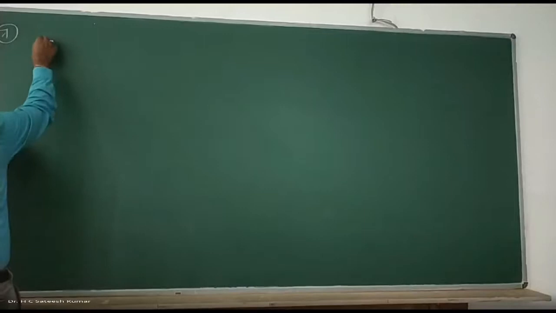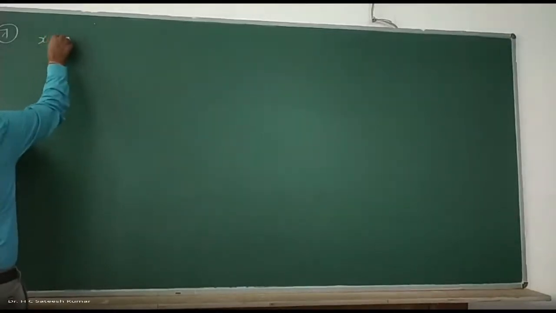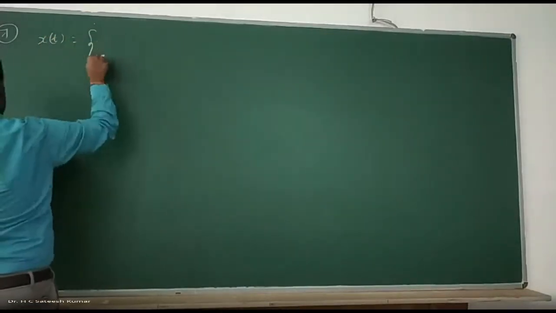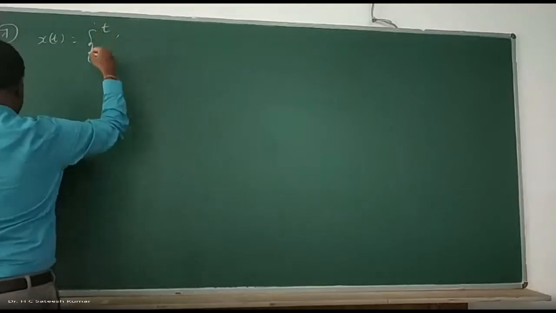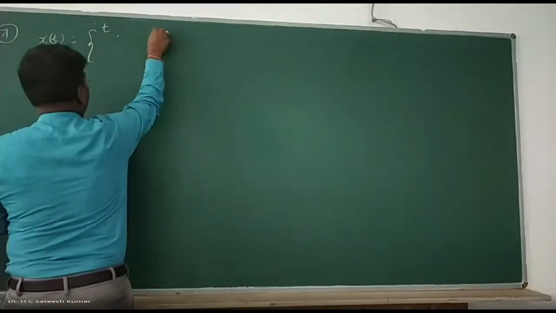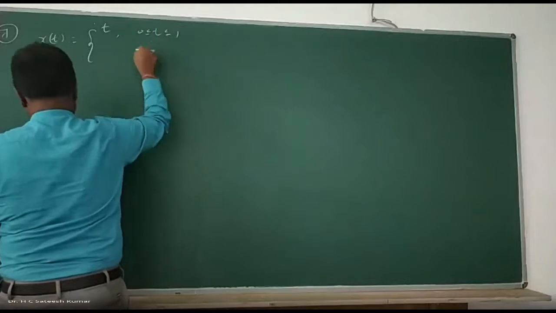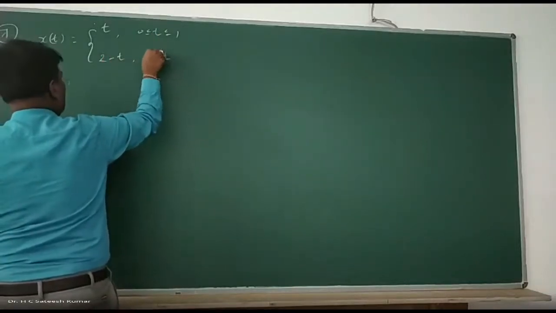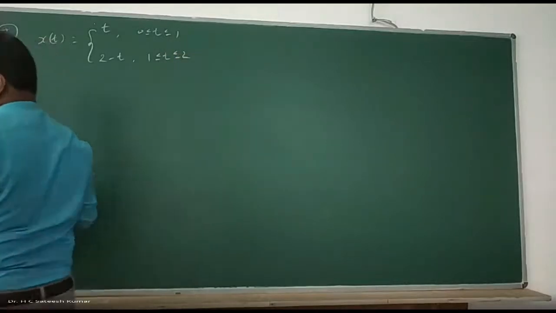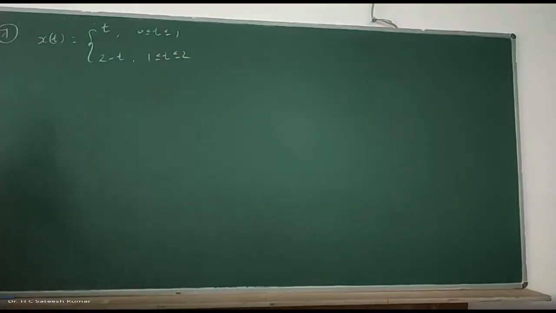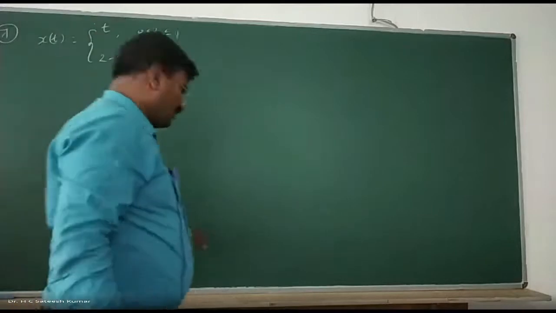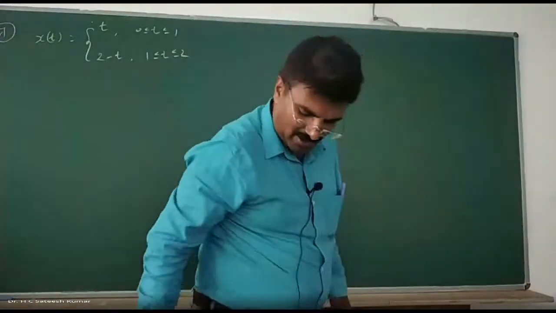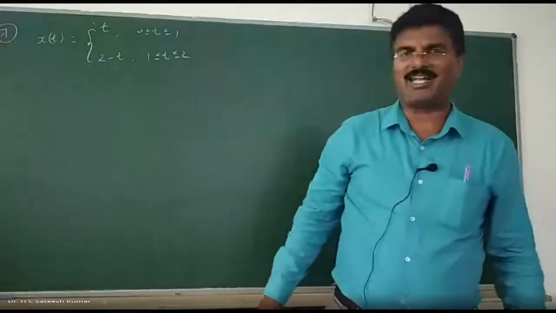Find and sketch odd and even components of the signal: x of t equals t for t between 0 and 1, and equals 2 minus t for t between 1 and 2. This problem I did it. Can you recall that? But when I say recall it, you will not find this problem at all. But actually I have done it. So how exactly will this problem be?